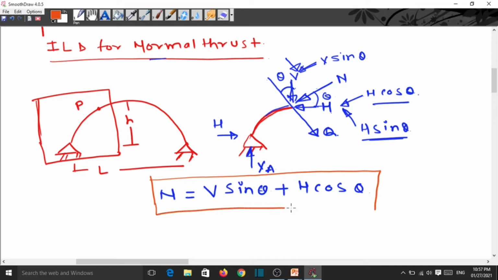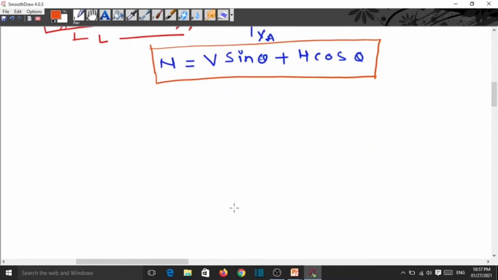Once we got the equation, then we draw the ILD. Now how to draw the ILD for this normal thrust? We know that this V is the vertical shear force, and this H is the horizontal reaction or thrust, horizontal thrust.